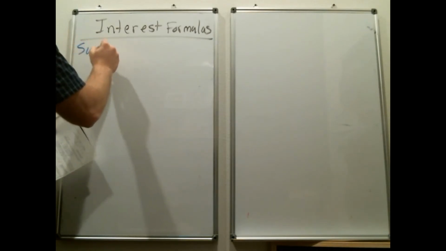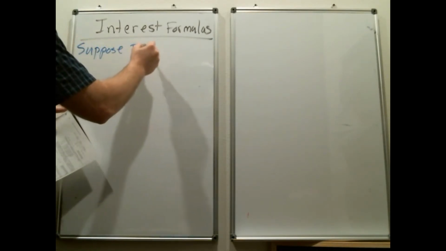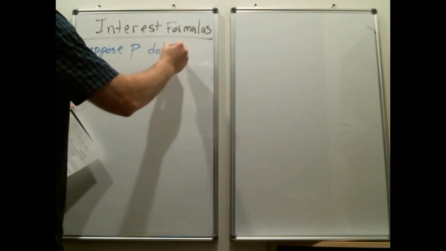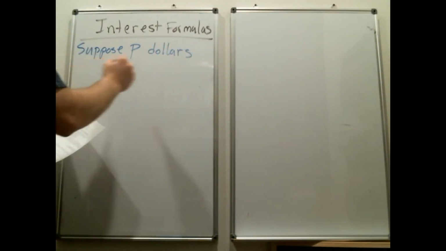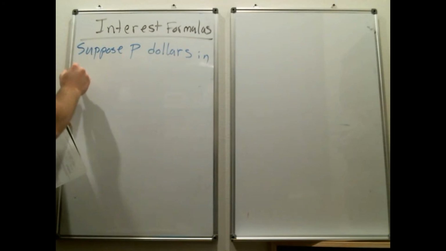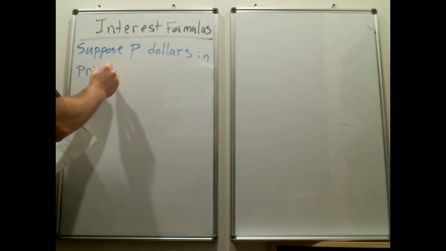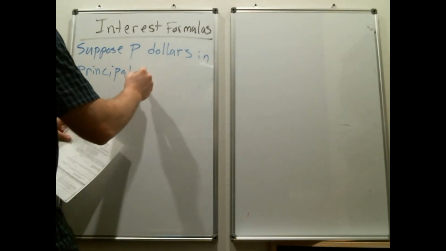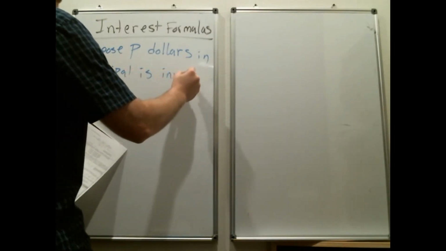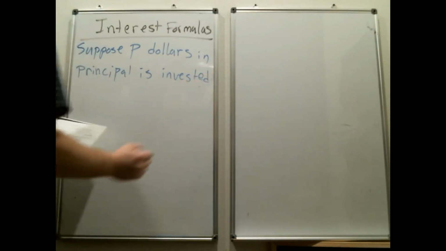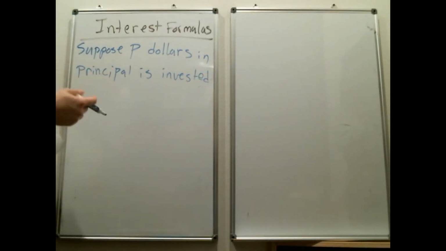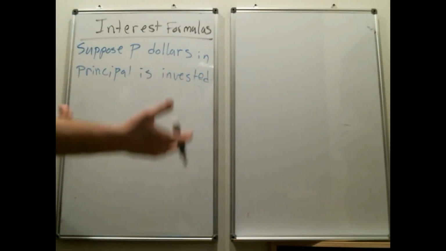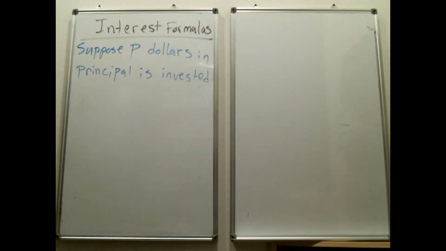Suppose P dollars in principal is invested or borrowed. So you can give someone money and you can invest in, say, Amazon or whoever, or you can borrow money from a bank to get a home loan.